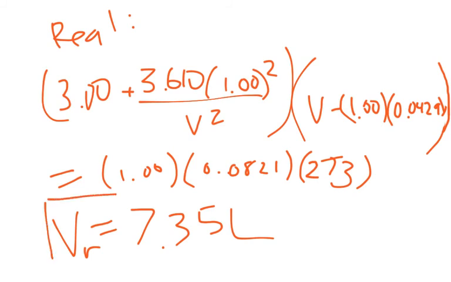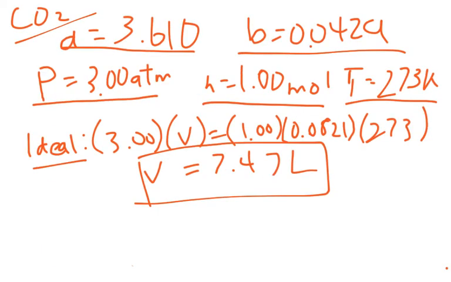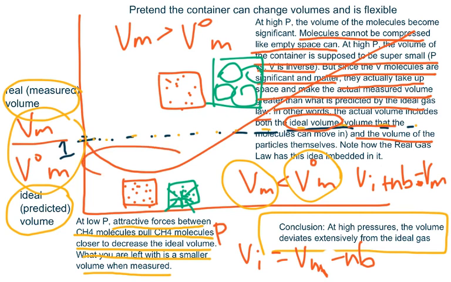I got that the real volume is actually 7.35 liters. So the volume measured is supposed to be 7.35 liters. And notice how the real volume is less than the ideal volume measured by the ideal gas law. And doesn't this look like this over here where the real volume was less than the ideal volume?